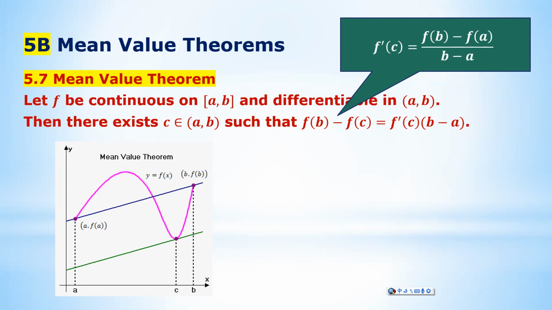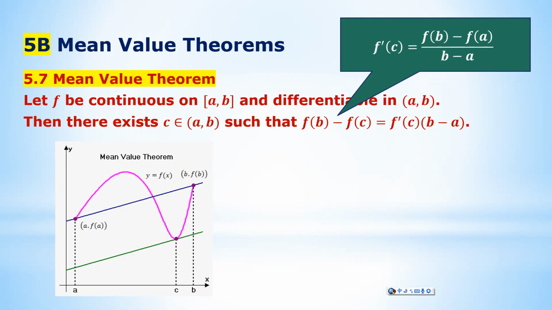So now you can see the result simply says that there must be a c between a and b so that the slope of the tangent line is the same as the slope of the secant line. So that means this tangent line should be parallel to the secant line. Obviously, you can see this is true, right? It's very easy to understand. Also, another thing you have to pay attention to is that the existence of c may not be unique.